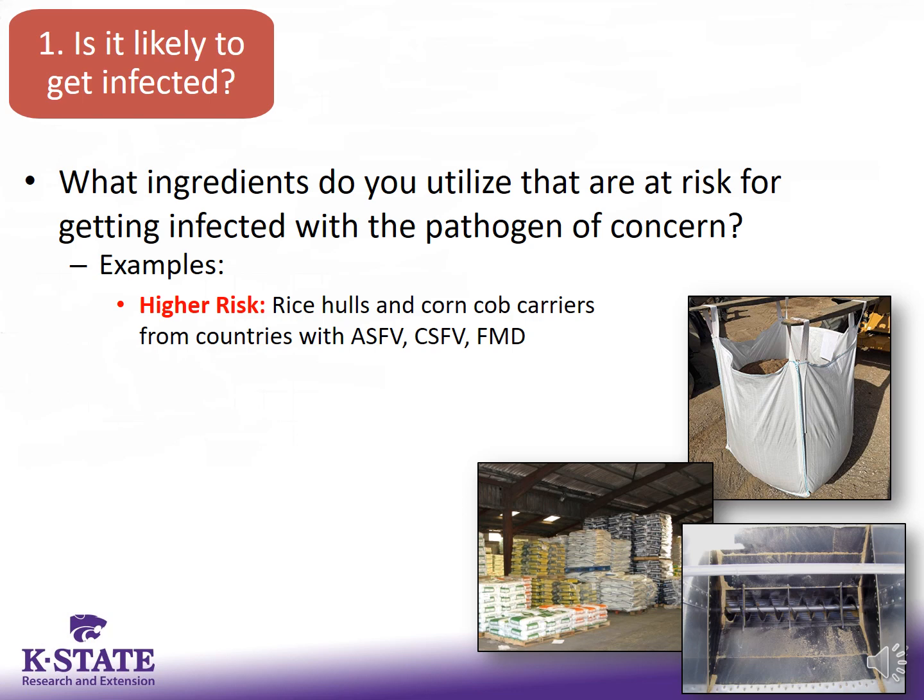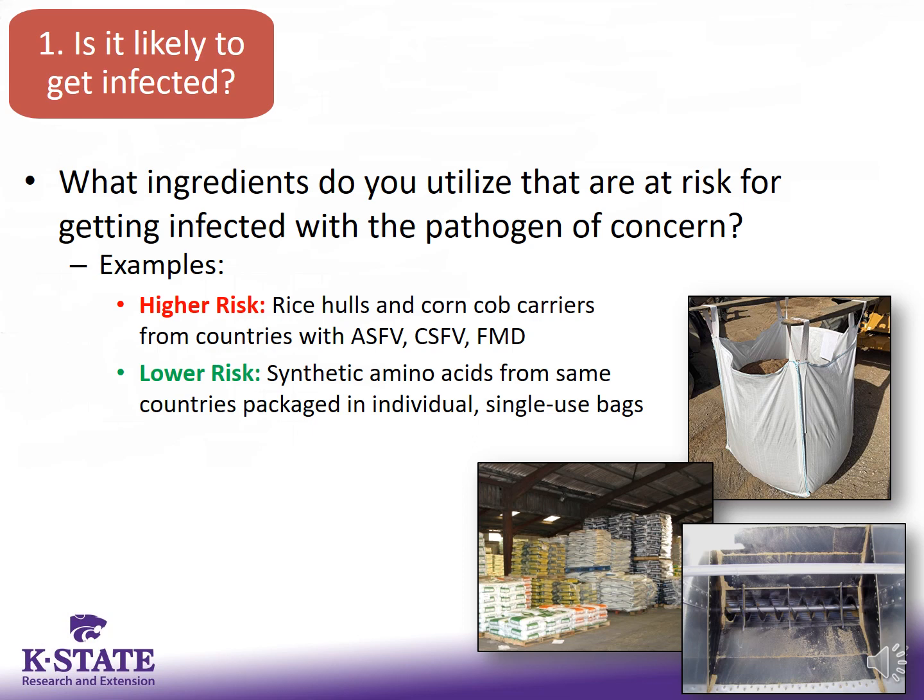Those countries would have the geographical considerations as well as the agricultural practice where rice and corn is frequently dried on roadways and exposed to both wild animal populations and fecal contamination. And finally, those are ingredients that are more likely to be transported in reused totes or bulk containers prior to their arrival at a different type of facility.